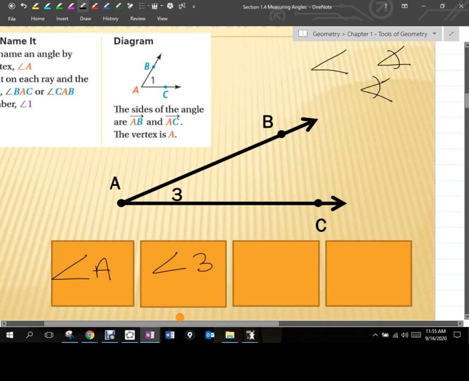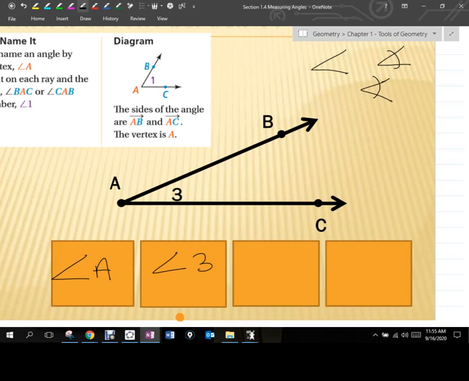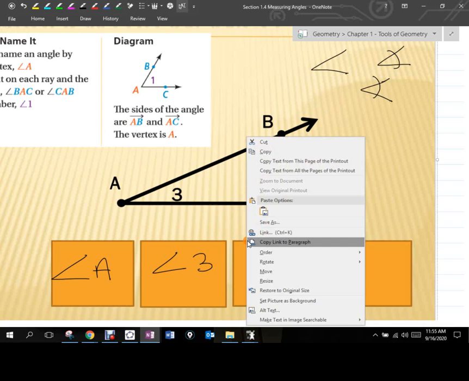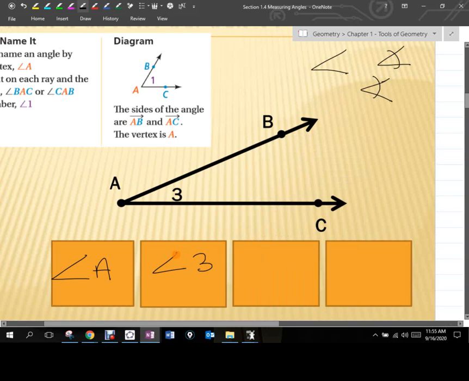Okay. The best, safest, most appropriate way is to name it with 3 letters. Okay. When you name it with 3 letters, those would be my 3 spots. The middle letter always has to be the vertex.